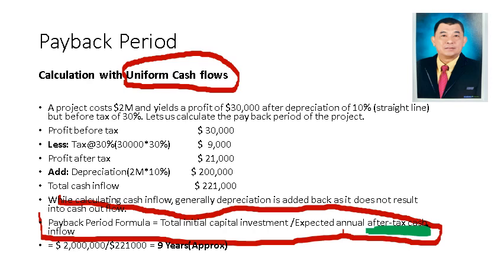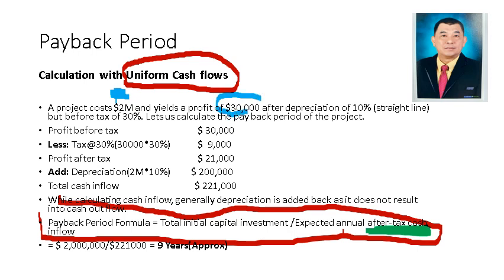Regardless of what the currency is. This example is in US dollars. It could be in pesos, no? Doesn't matter. It could be in pesos also, or it could be in euros. It depends. So, a project or an equipment costs 2 million and yields a profit of 30,000.